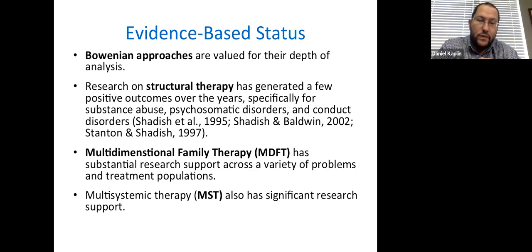We talked about oppositional defiance in the classroom. And then there's multi-systemic and multi-dimensional family therapy. Really, that's where a lot of the research is at and suggesting support. So these are the more contemporary approaches.